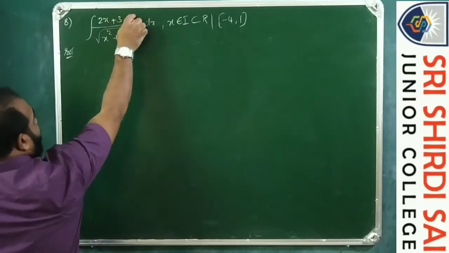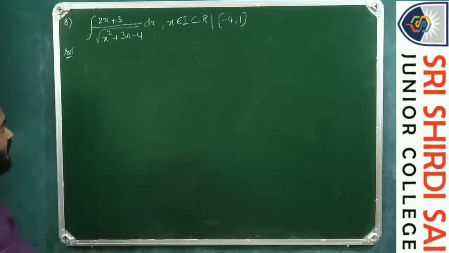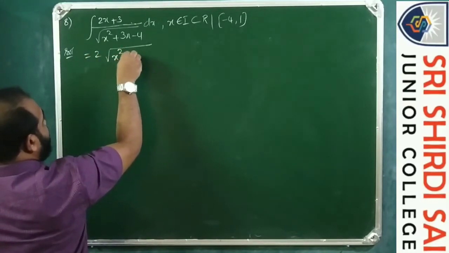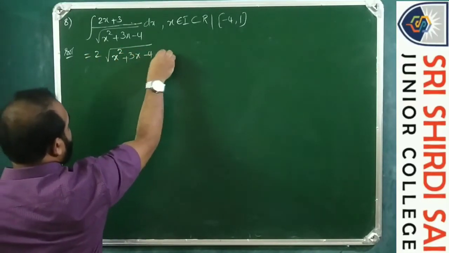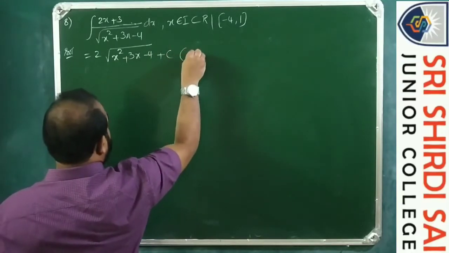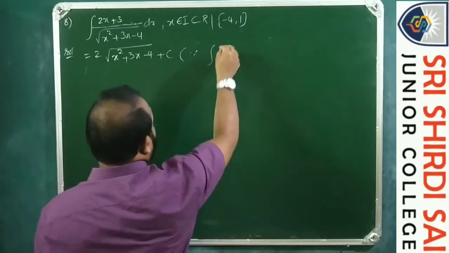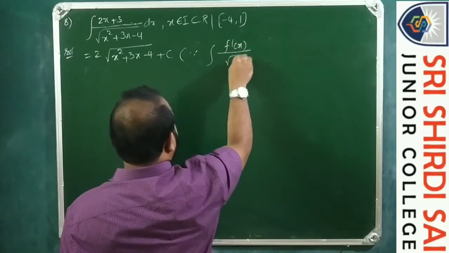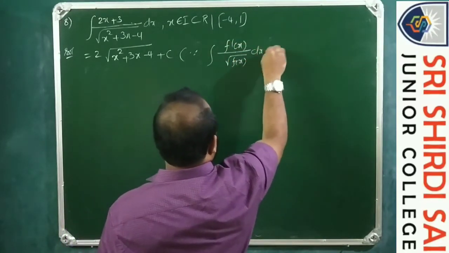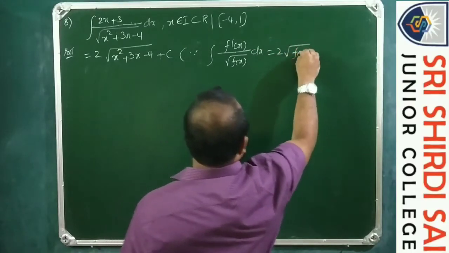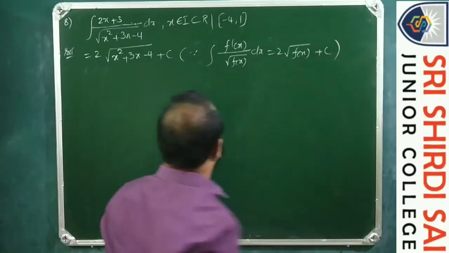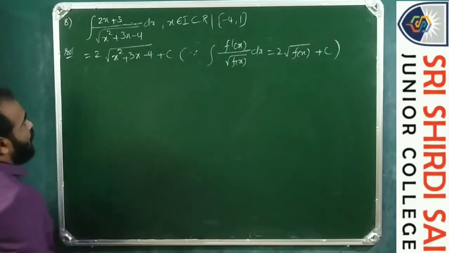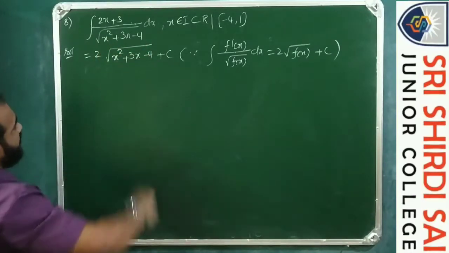Therefore this is f dash x by root f of x, giving 2 root of (x square plus 3x minus 4) plus constant of integration c. Since integral f dash x by root f of x dx is 2 root of f of x plus constant of integration c, where f of x is x square plus 3x minus 4 and f dash x is 2x plus 3.